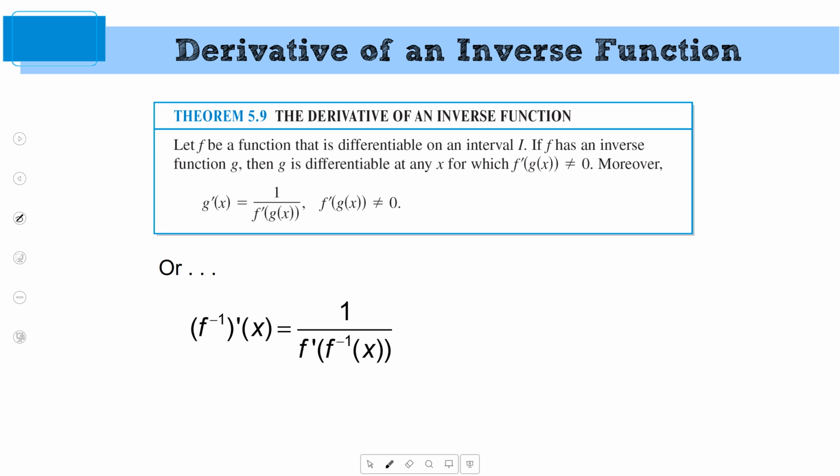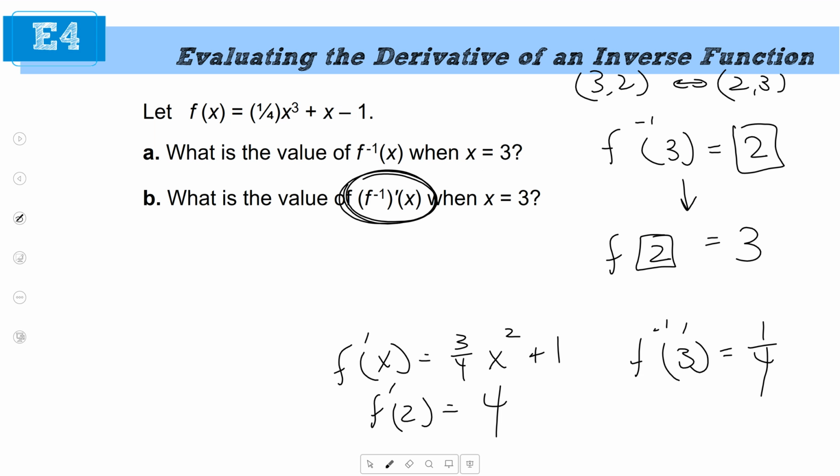If I'm looking for the value of the derivative of the inverse of the function at some point, in the example I had 3, then I have to find the value of the inverse for 3. Then I have to plug that into the derivative of the function. So you're going about kind of the same method. The thing I don't like about this formula is that a lot of times it's going to require that you find the inverse function. To me, that's a lot of work, whereas I'm pretty good with visualizations.